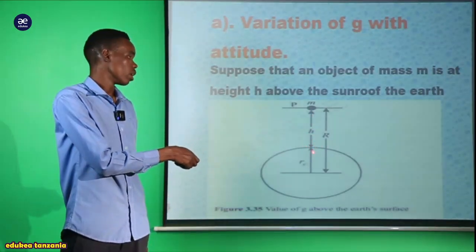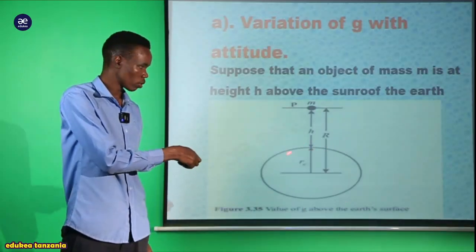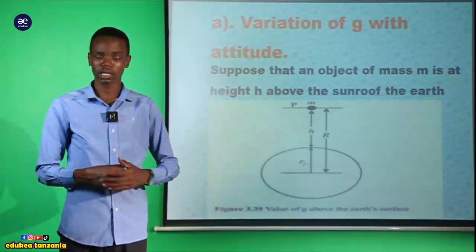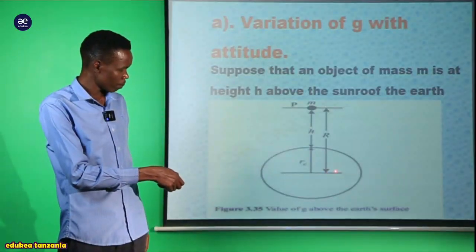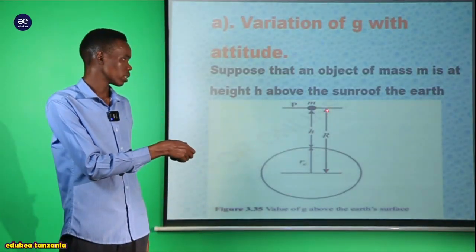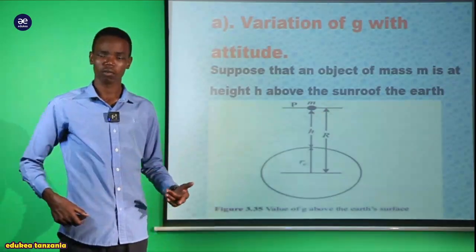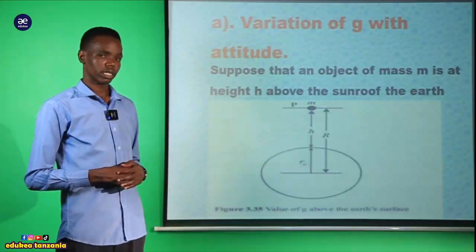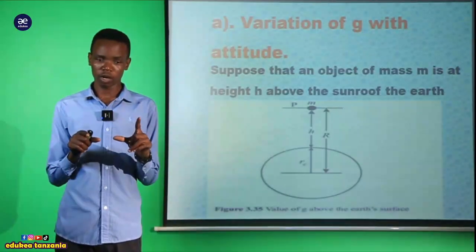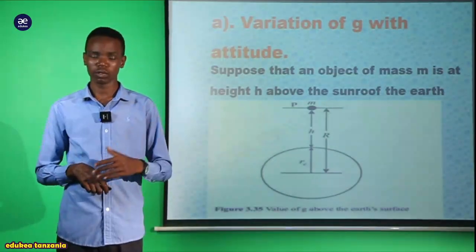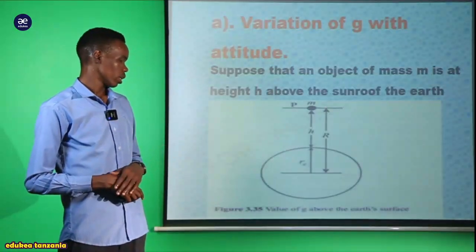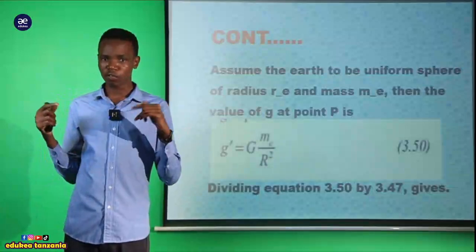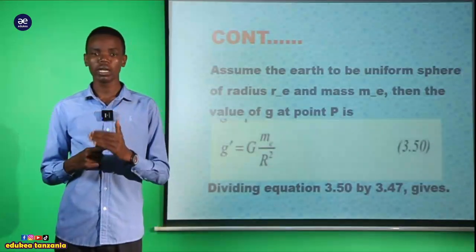This is the altitude from the surface of the sphere. From the surface up to the center, this is the radius of the S. But above here, up to the center point where the mass of the object m is located, should be the radius. This radius we obtain by taking the radius of the S, then adding the altitude or the height.